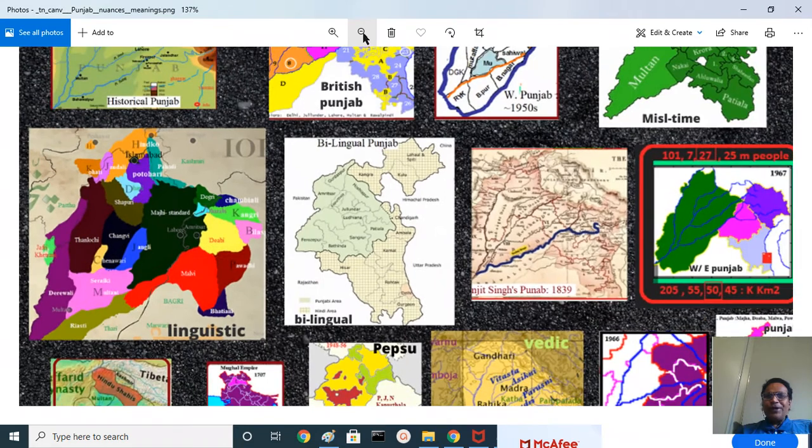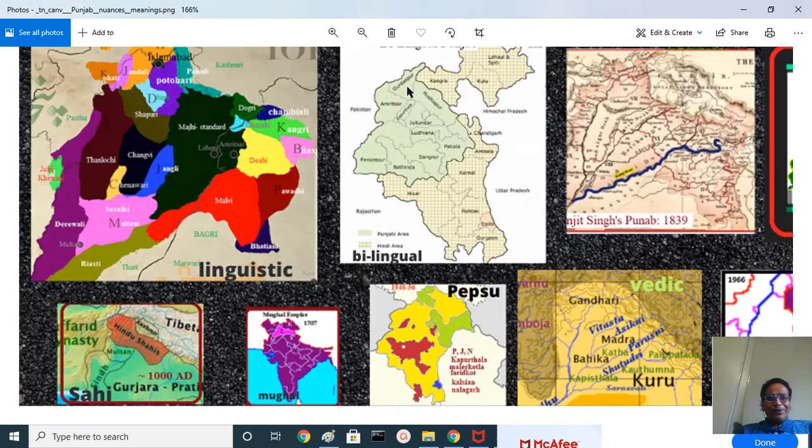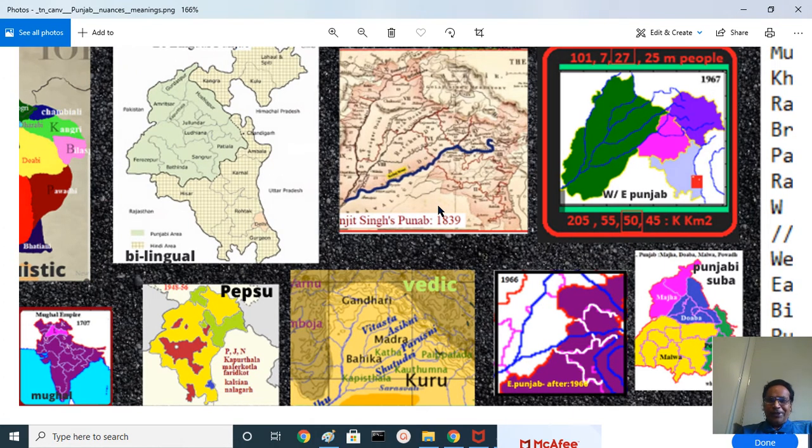So we talked about historical Punjab, linguistic Punjab. Now we look at the Vedic Punjab. Vedic Punjab is the region where Hindu civilization started. Hindu civilization started on the banks of the Sindhu River. Great Rishis and Maharshis did great tapas, and essentially the Harappa civilization and all those civilizations and historic settlements lived in that area.